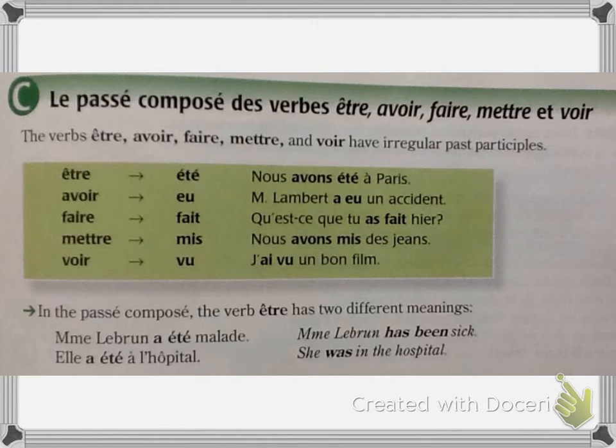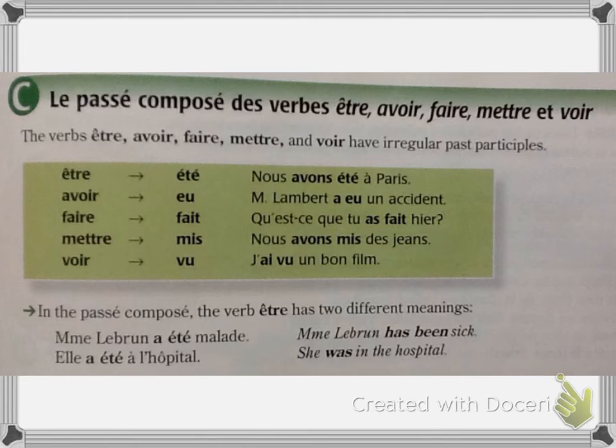Working through that translation, right? To be: we were in Paris. To have: Mr. Lambert had an accident. To do or to make: what did you do yesterday? To put on, to turn on: we put on some jeans.